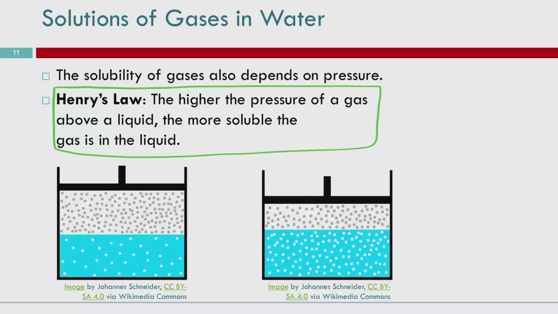If we push that piston down, that's going to increase the pressure of our gas. Right? We've shrunk the amount of space that gas has to occupy. That's going to increase the number of collisions, and that's going to cause some of these to escape into the liquid. And so that's why we see an increase in the number of particles in the liquid.